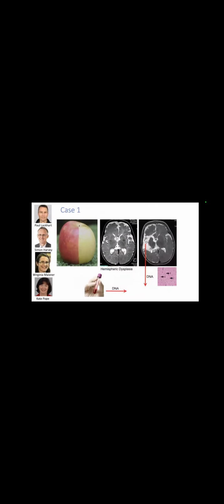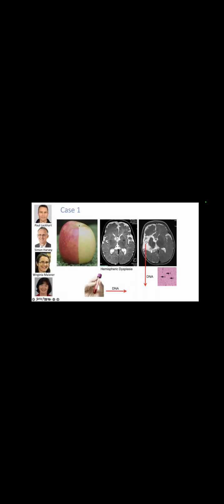Now, just a few cases to rapidly go through. This patient of mine had a subtle but severe, in terms of the clinical sequelae, hemispheric dysplasia, causing drug-resistant seizures since infancy. This is some of the team from the epilepsy lab and the lab side in my group.